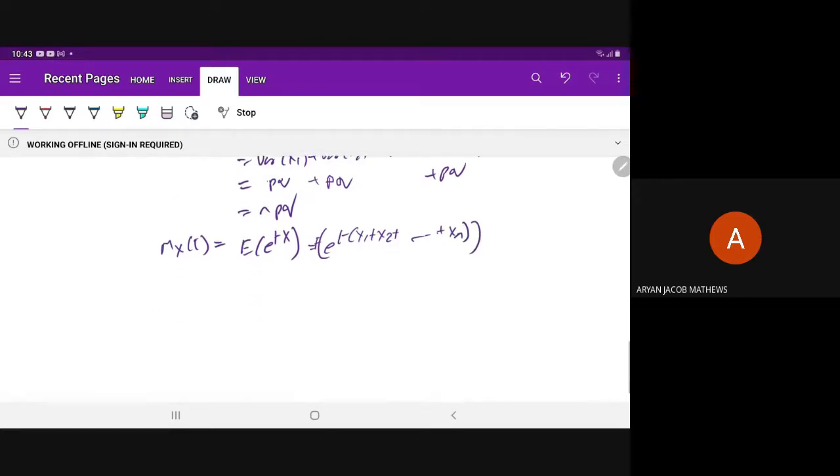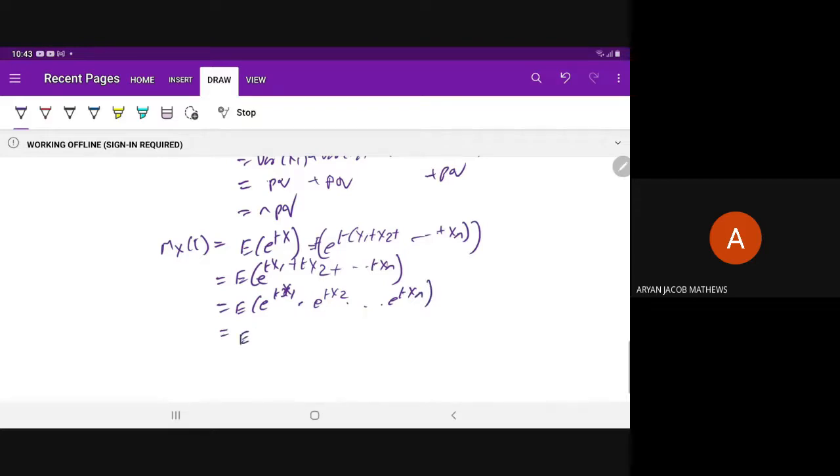It is e to power tX1 plus tX2 plus tXn, or this can be written as e to power tX1 into e to power tX2 into e to power tXn.